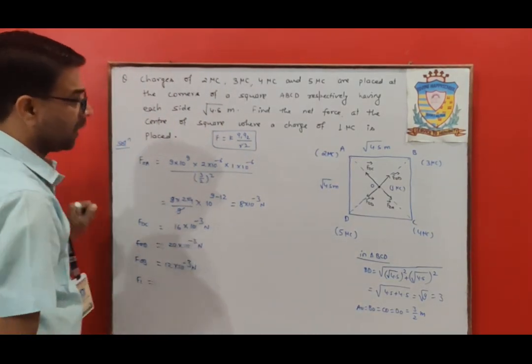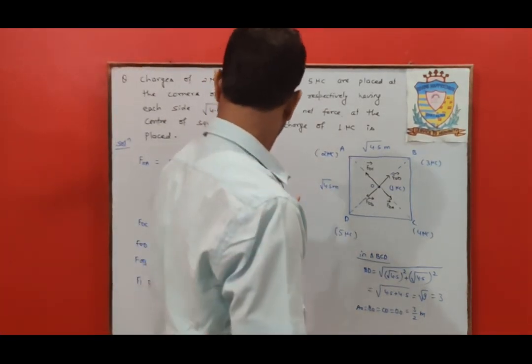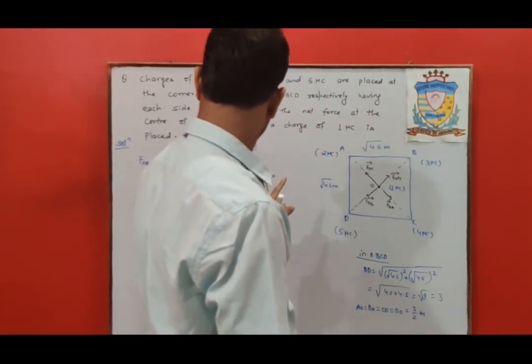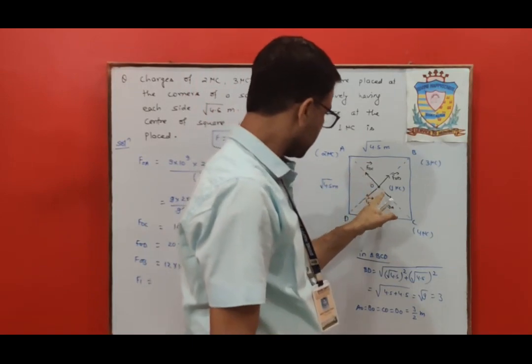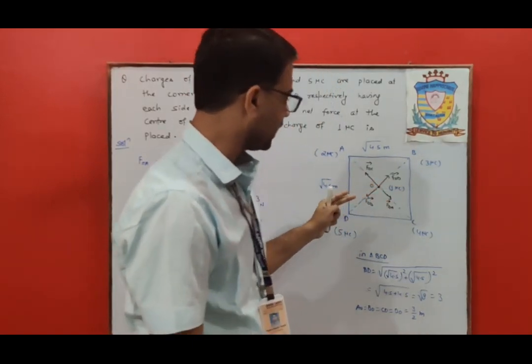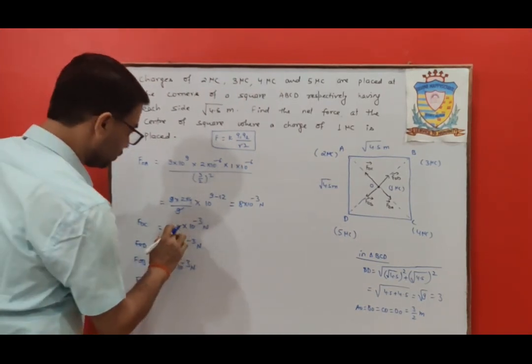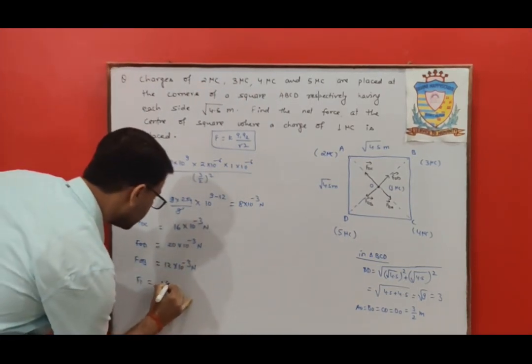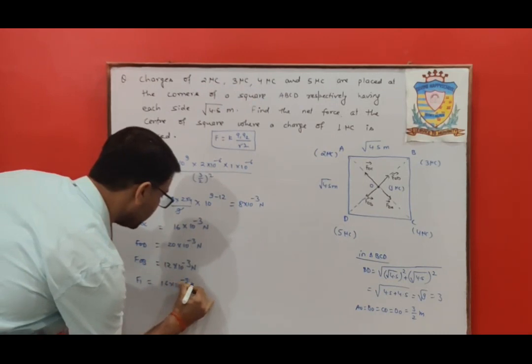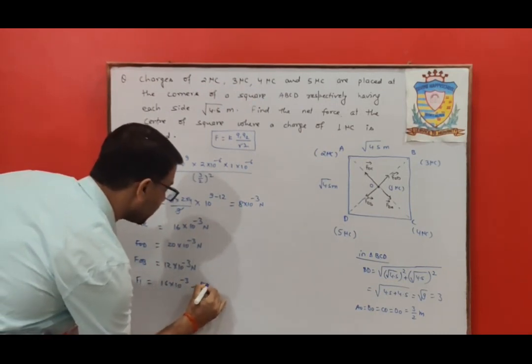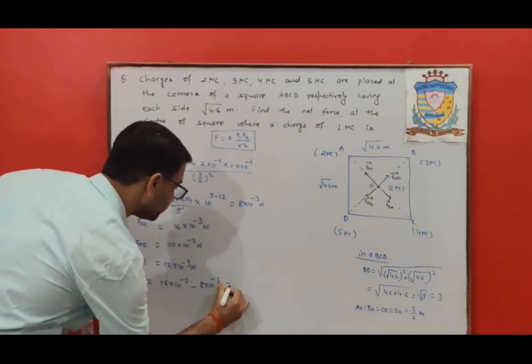For F1, you can take any direction as positive and the other one as negative. So 16 into 10 to the power minus 3 minus 8 into 10 to the power minus 3.